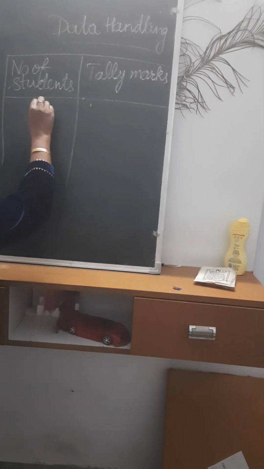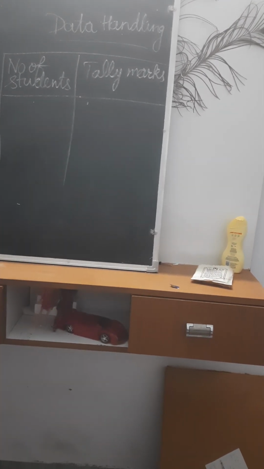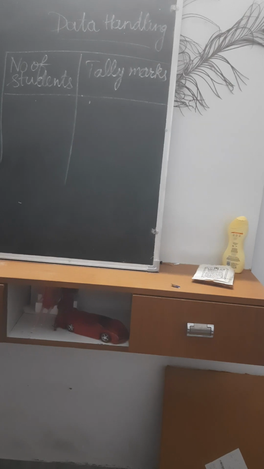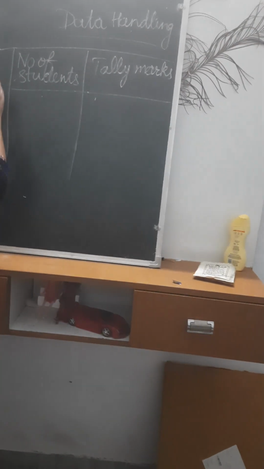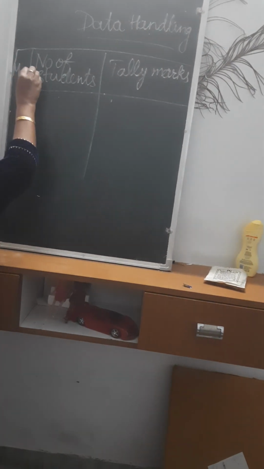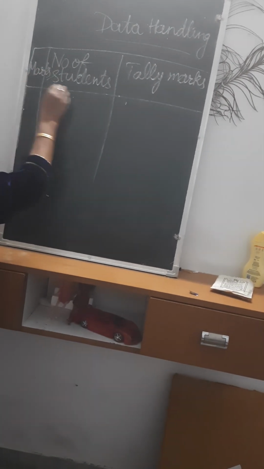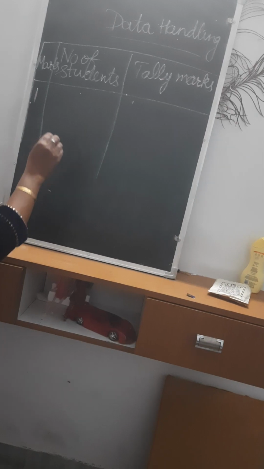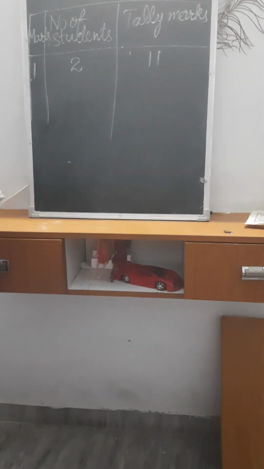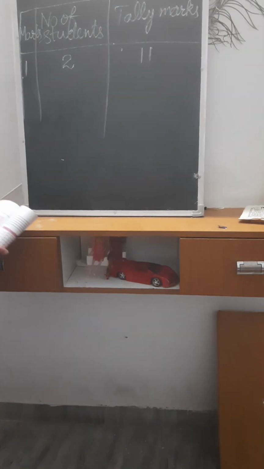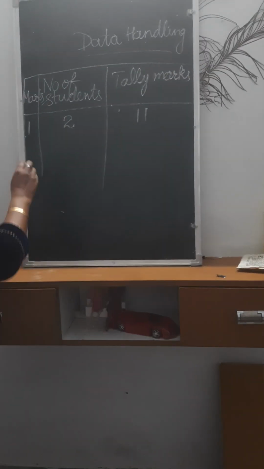So we will write number of students. So 1 mark is obtained by 2 students, and in tally marks we will write 2 standing lines.